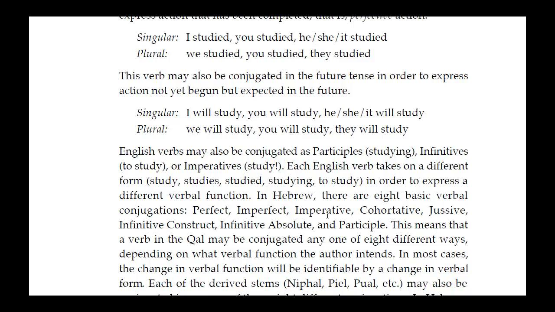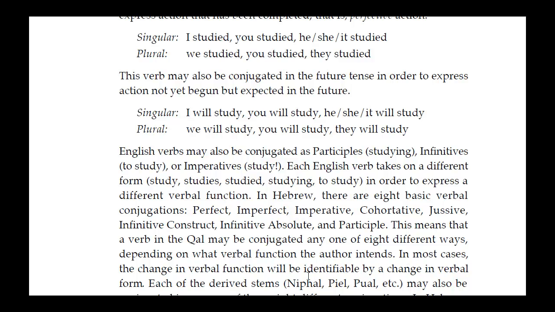In the Hebrew, there are eight basic verbal conjugations: the perfect, the imperfect, the imperative, the cohortative, the jussive, the infinitive construct, the infinitive absolute, and the participle. This means that a verb in the Qal may be conjugated in any one of eight different ways, depending on what verbal function the author intends.